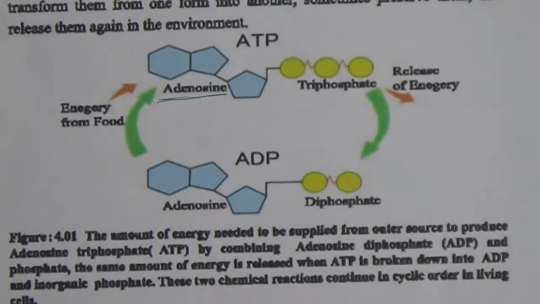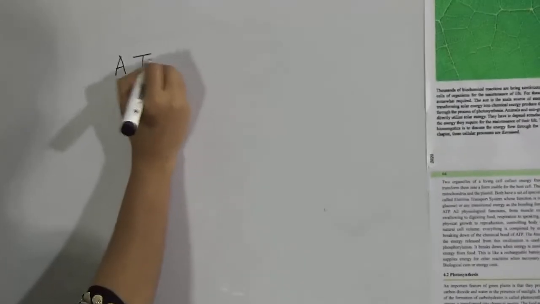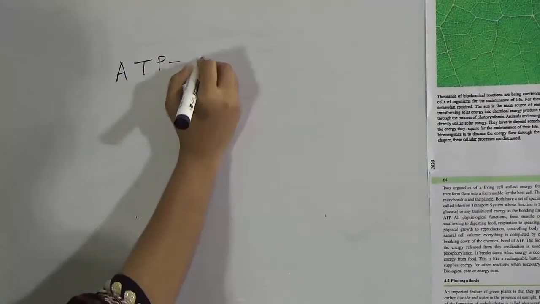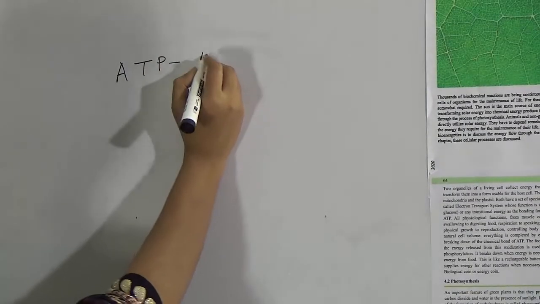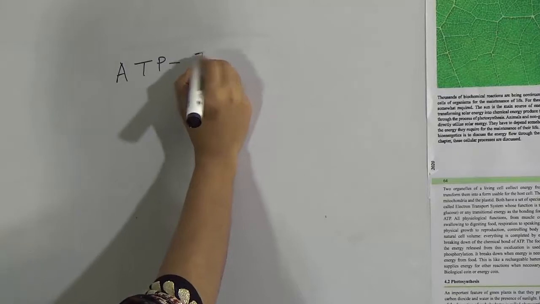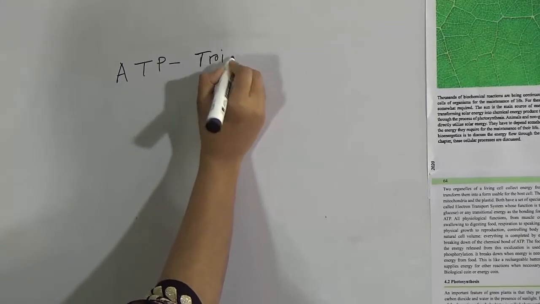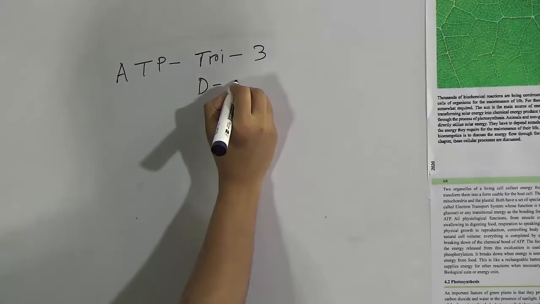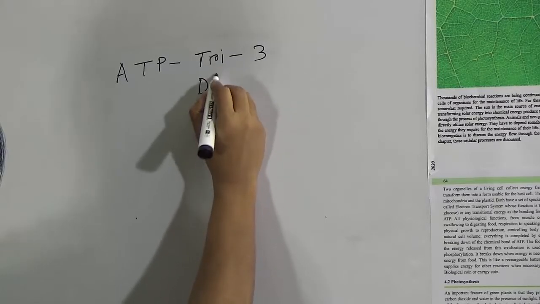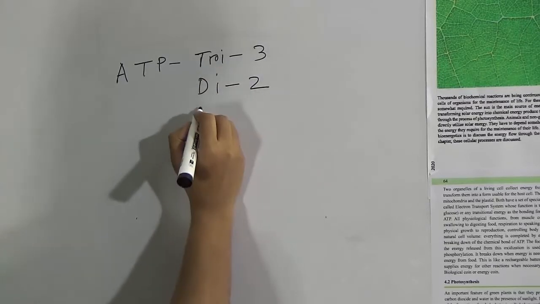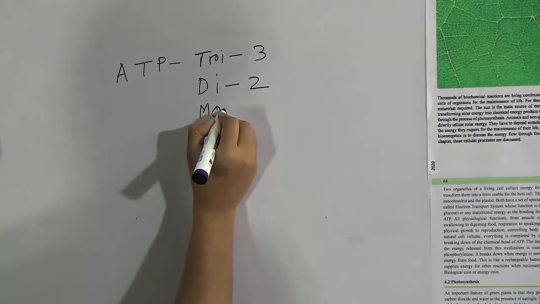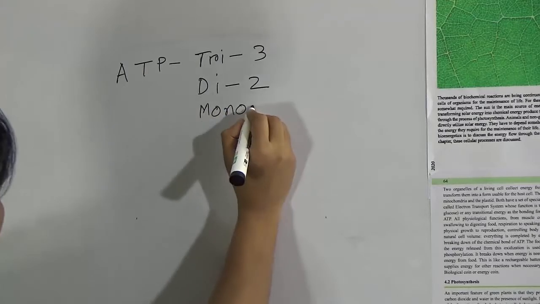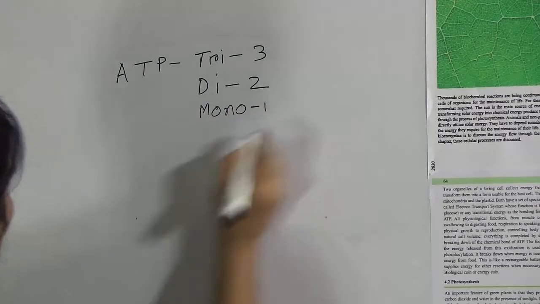Now come to ATP. We know tri means 3, di means 2, mono means 1.